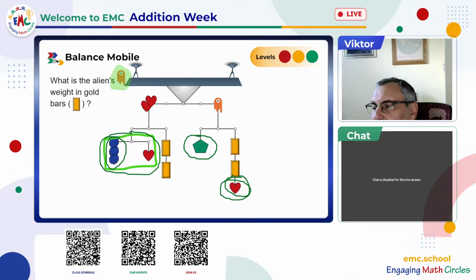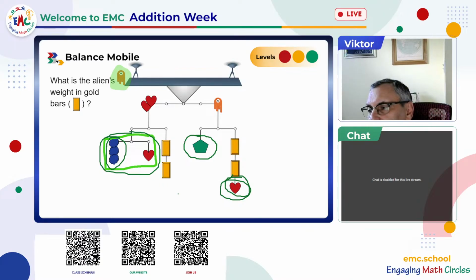So do we have any help from the people in the chat? Aha! I found it. They just said that the heart isn't equal to the blue things, and the blue things are equal to the green thing. That's what they think so far.